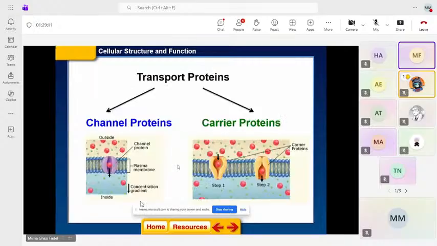Look here. In this diagram, I put two types of protein, the channel protein and the carrier protein. Both, by the way, act as a pathway for molecules to pass. But for sure, there are a few differences between the two types. Look at the protein here and look at the protein here.